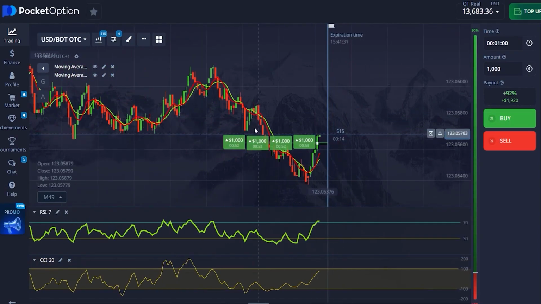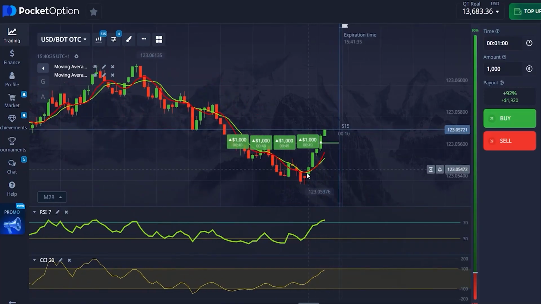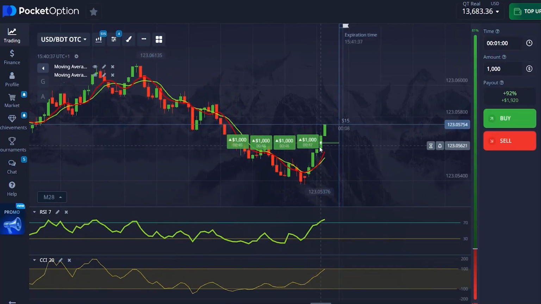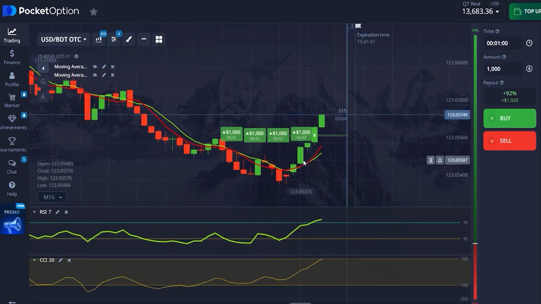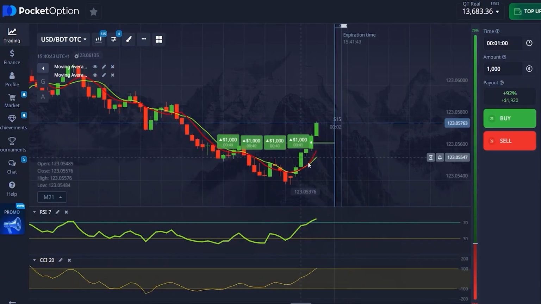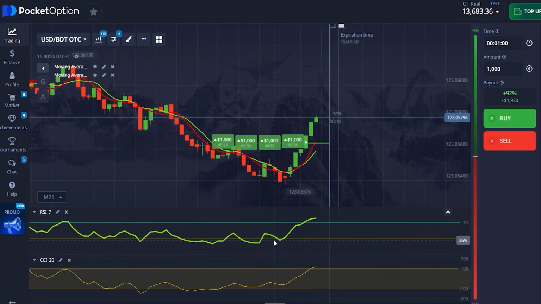So right here I found a reversal of the market right at this point. The consistency of the market is also another confirmation I got right here. My two moving average lines intersect each other alongside with my RSI indicator and my CCI indicator.